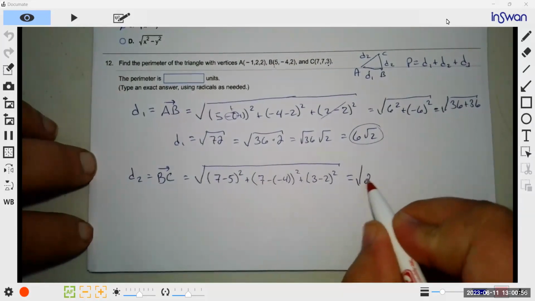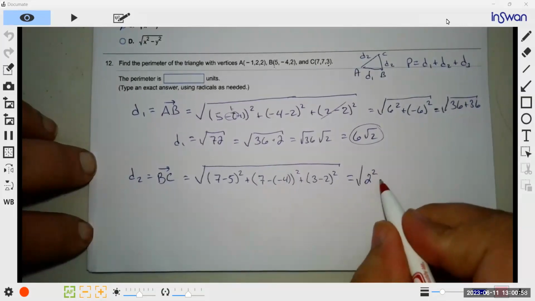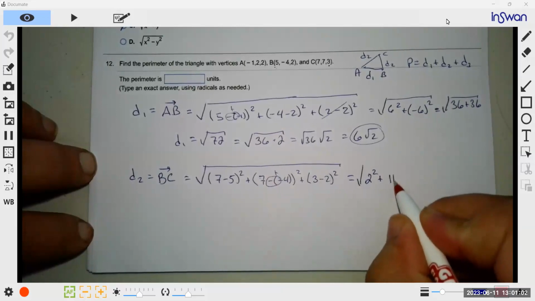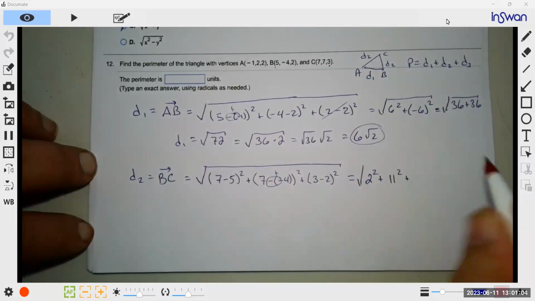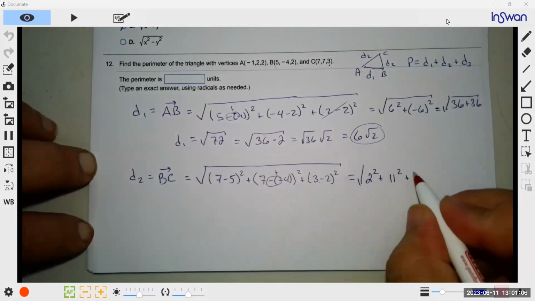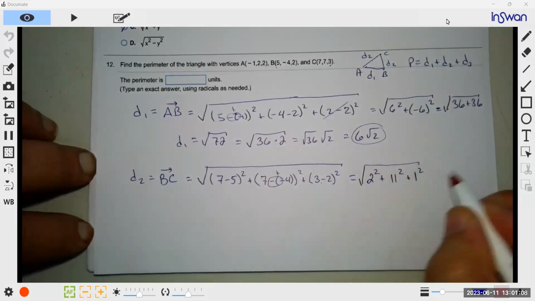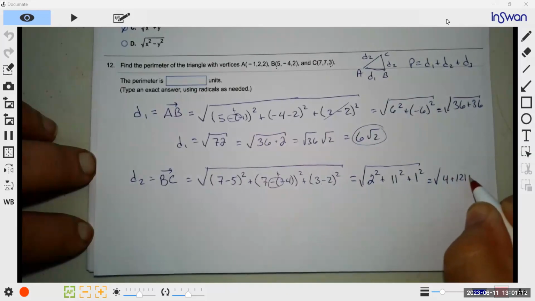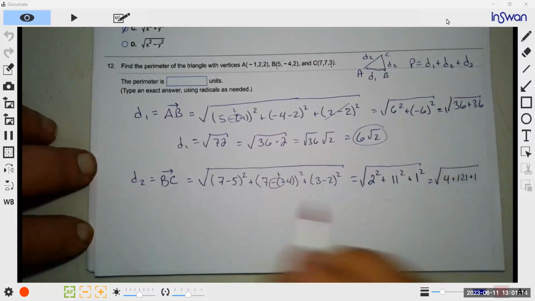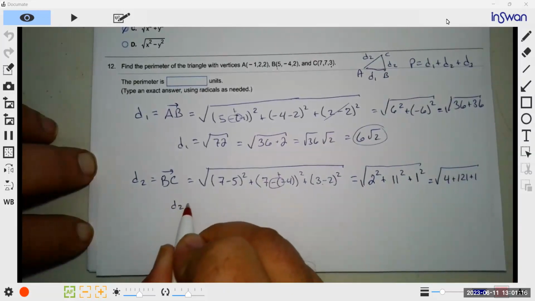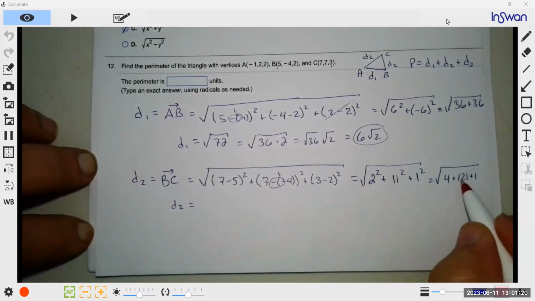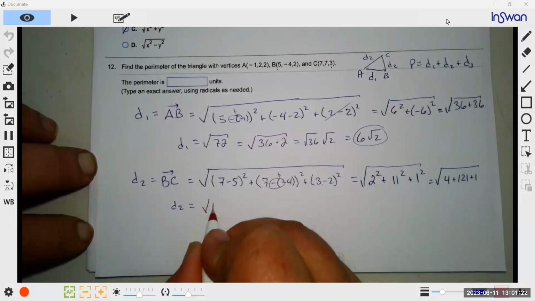Seven minus 5 is 2 squared. This becomes a plus. 7 plus 4 is 11 squared. 3 minus 2 is 1 squared. 4 plus 121 plus 1, 126, so square root of 126.